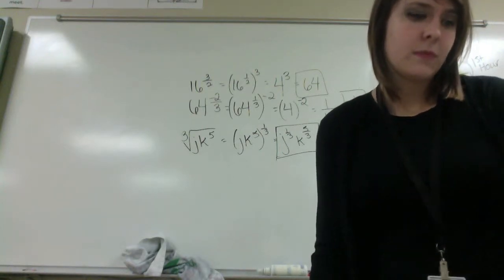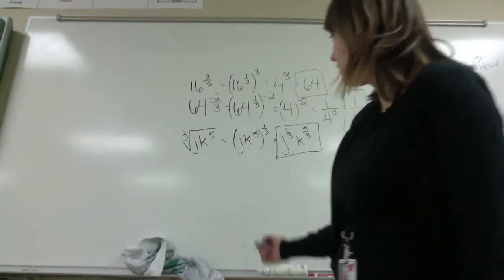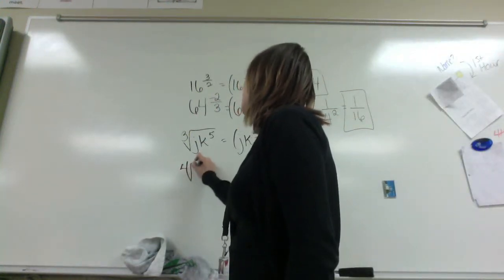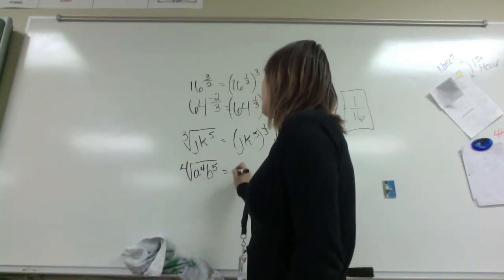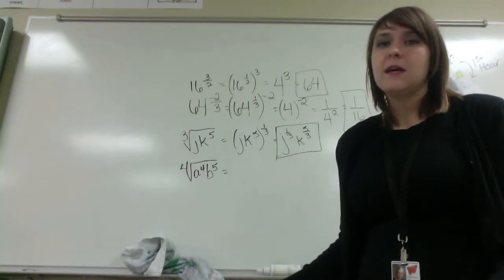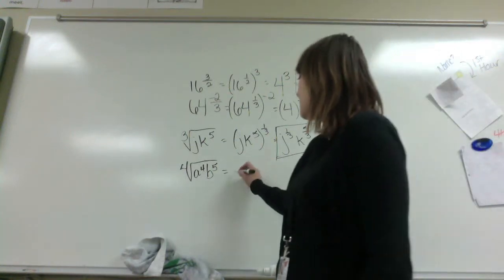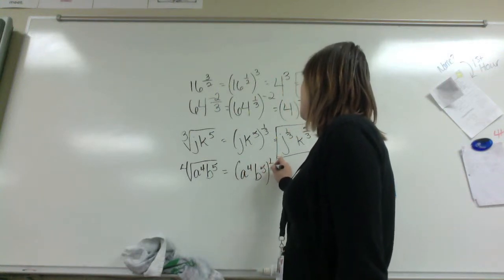Okay. Next up, I've got the 4th root of a to the 4th, b to the 5th. So first thing I'm going to do, I know that 4th root is the same thing as taking it to the 1/4 power. So I've got a to the 4th, b to the 5th to the 1/4 power.